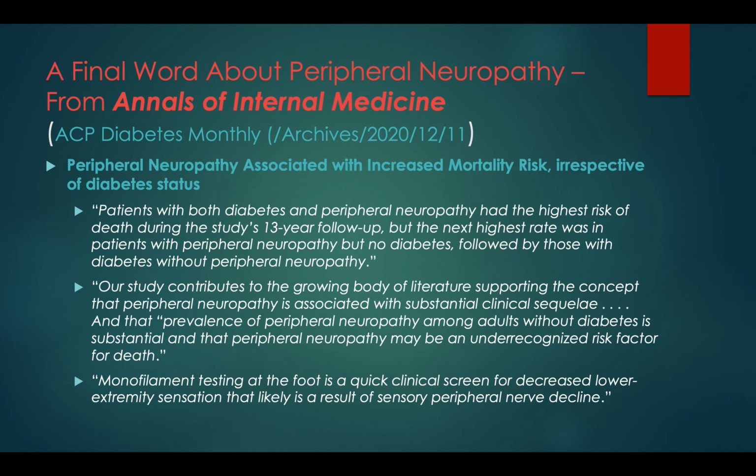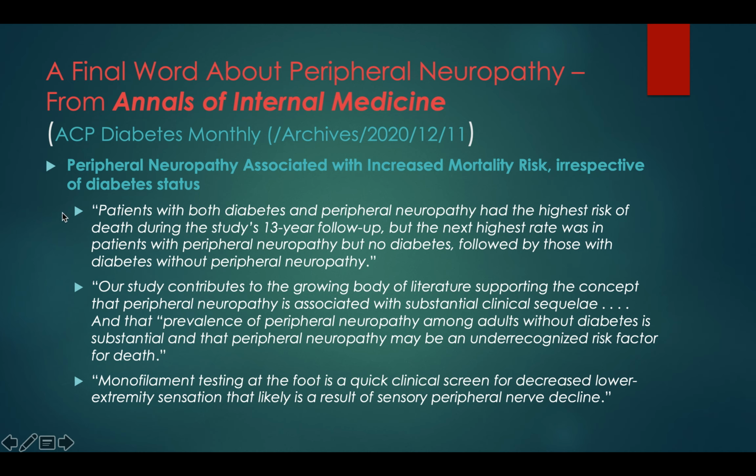Now, so that completes how we do the test. Just one final word about peripheral neuropathy. You see this comes from the Annals of Internal Medicine. Specifically, you can see the information there on how you could access that. The title of the article was Peripheral Neuropathy Associated with Increased Mortality Risk, Irrespective of Diabetes Status.